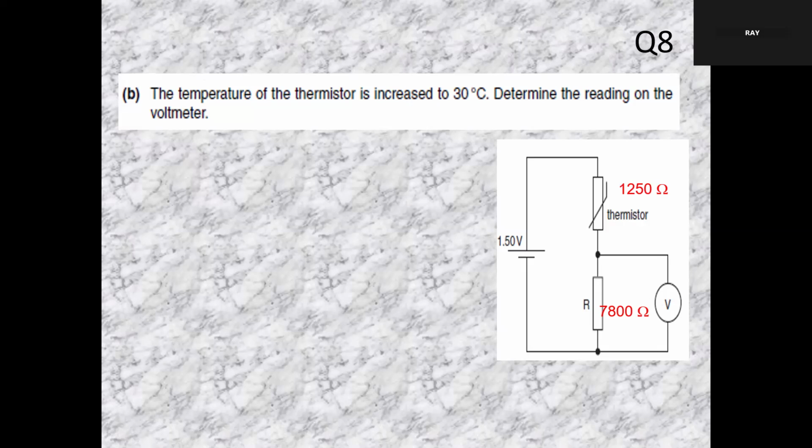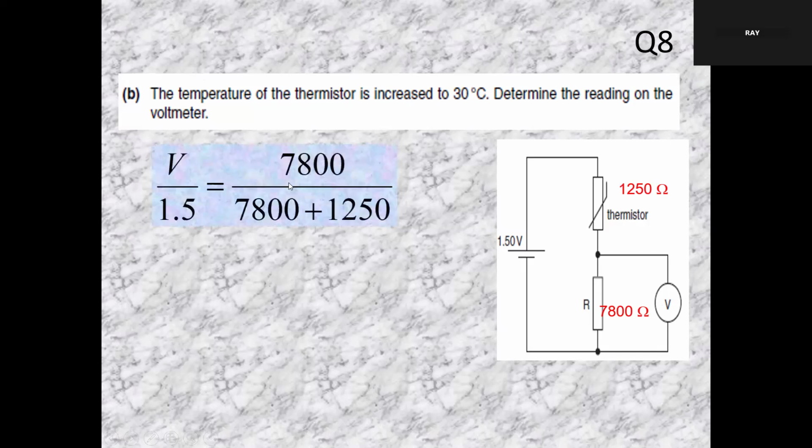Calculate the current and calculate the PD across R. Or you can use the formula for potential divider. V over the whole thing, 1.5, use proportion, 7800 over the sum. Add the two together and calculate it out.